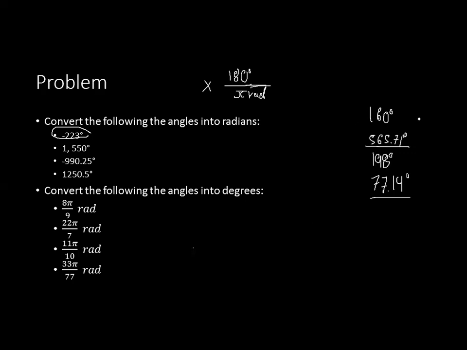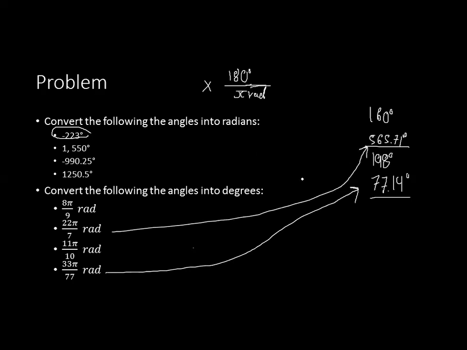So I suggest also doing this conversion, because there you will know at least by approximation what its equivalence is to the angle that is in radians. So this one is approximately 77.14 degrees, and this one is approximately 565.71 degrees.